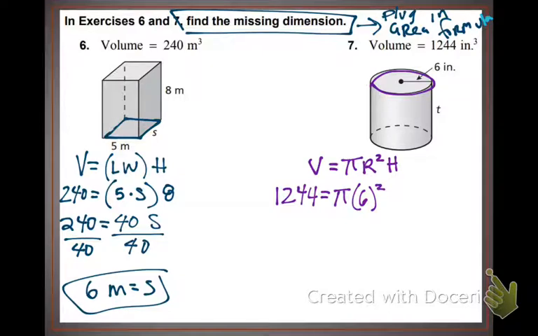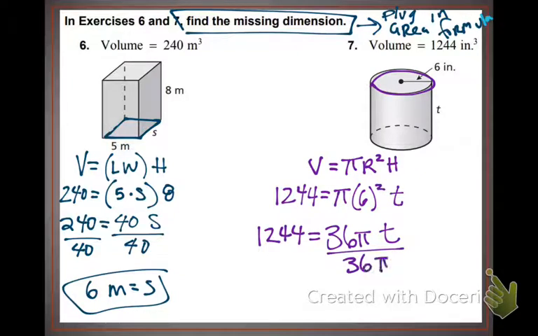No. What did they label it? T. So I'm going to plug in T for H because that's what they called the height. If you don't, it doesn't kill you or anything. So 1244 equals, what is pi times 6 squared? 36 pi times T. So how do we get T by itself? Divide by 36 pi.